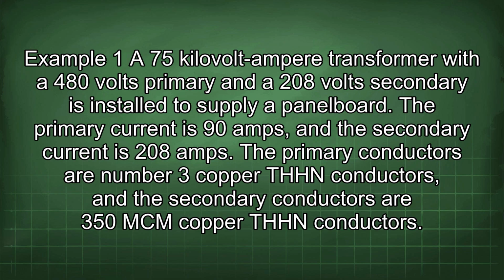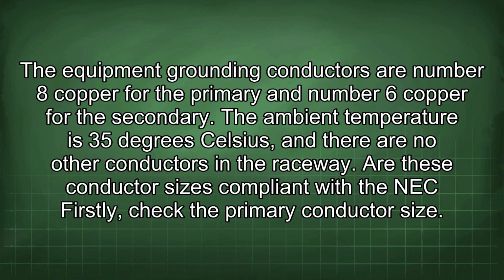The primary conductors are number 3 copper THHN conductors and the secondary conductors are 350 MCM copper THHN conductors. The equipment grounding conductors are number 8 copper for the primary and number 6 copper for the secondary. The ambient temperature is 35 degrees Celsius and there are no other conductors in the raceway. Are these conductor sizes compliant with the NEC?